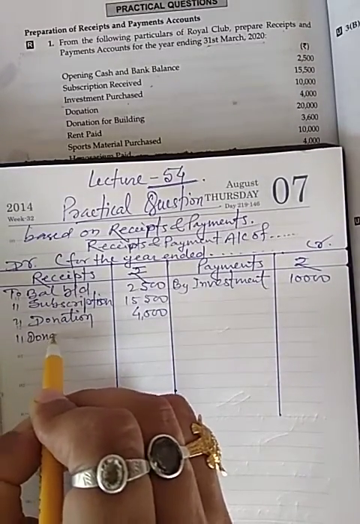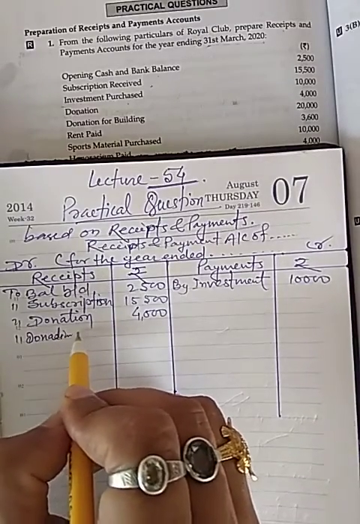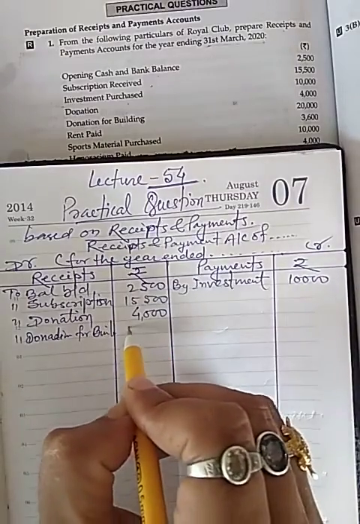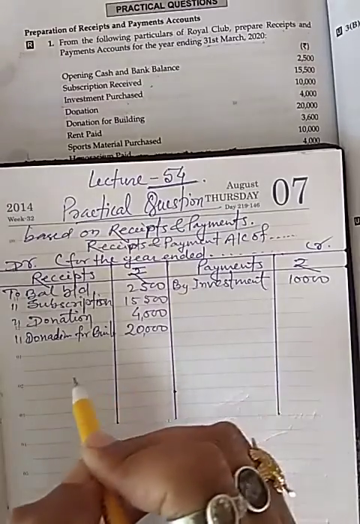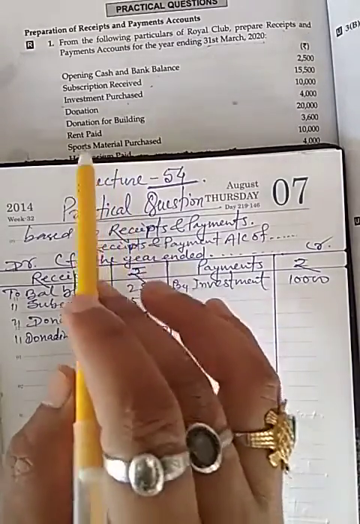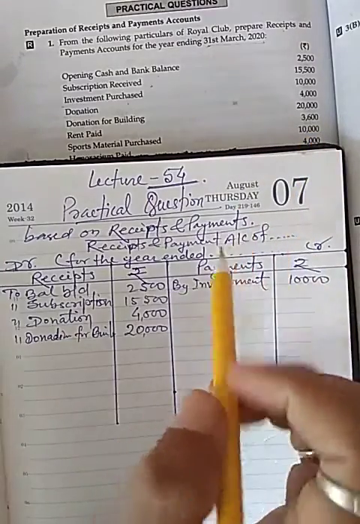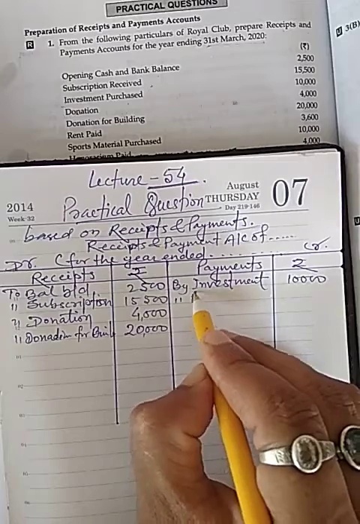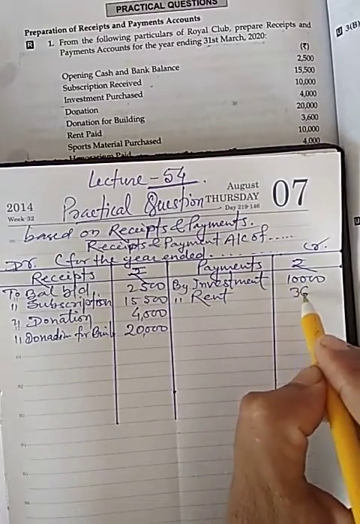Donation for building, 20,000. Now rent paid, 3,600. It will be payment. Rent 3,600.